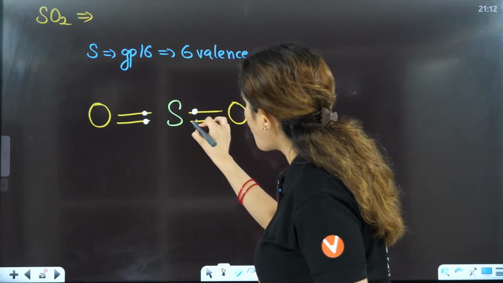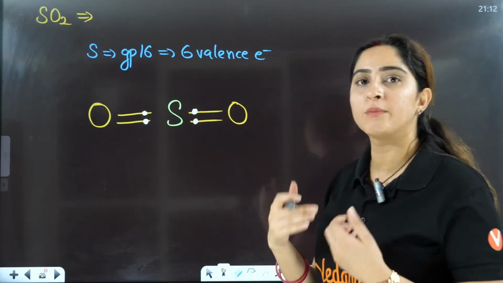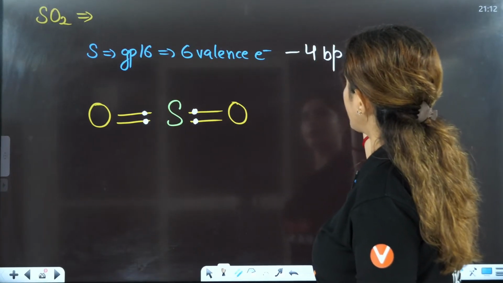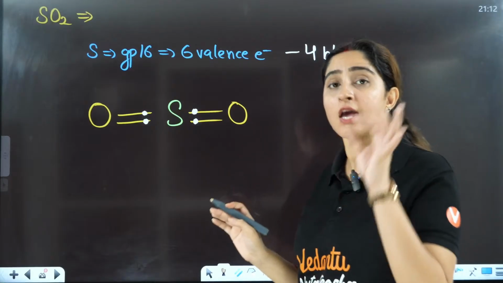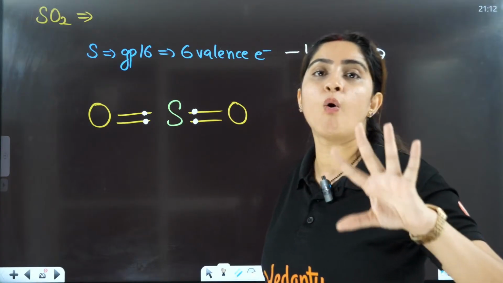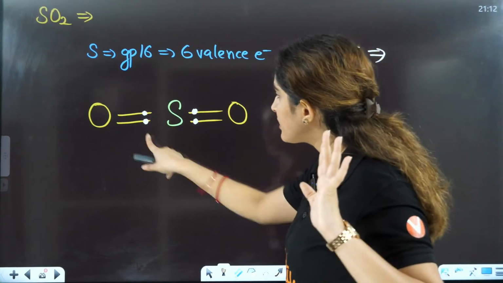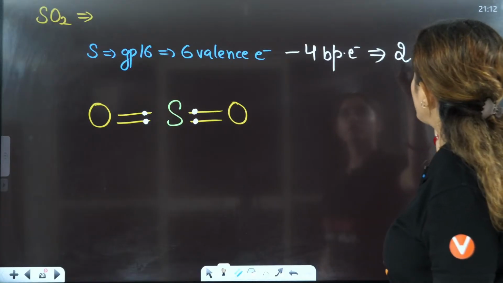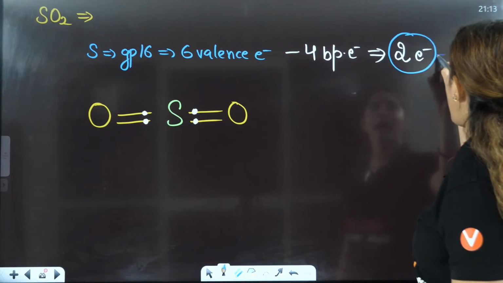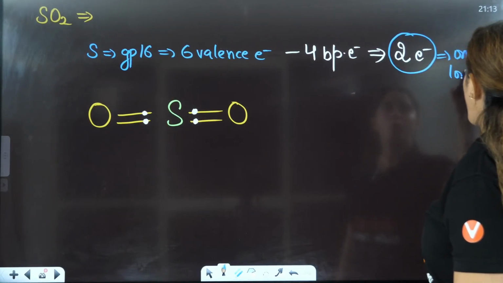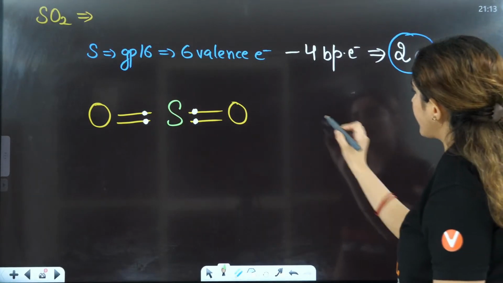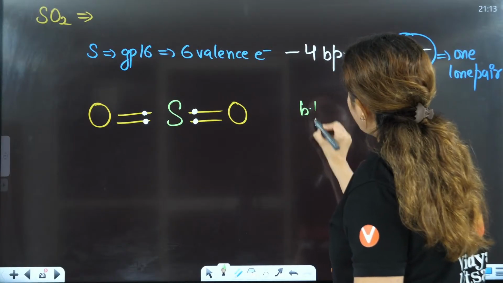Out of that, 4 valence electrons are already busy in making bond pair electrons, already busy. 4 valence electrons of sulfur are making bond pairs, right? Can you see that? Yes. Now you have 2 electrons left here, and 2 electrons means you will have 1 lone pair, right? That means, can I say bond pair plus lone pair?